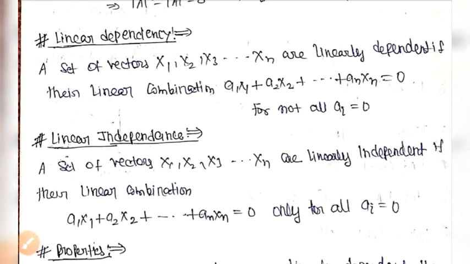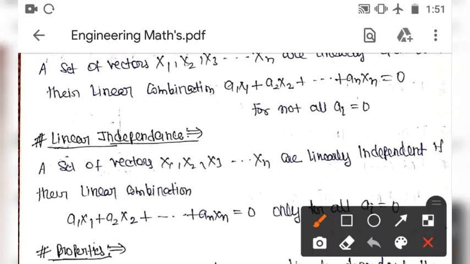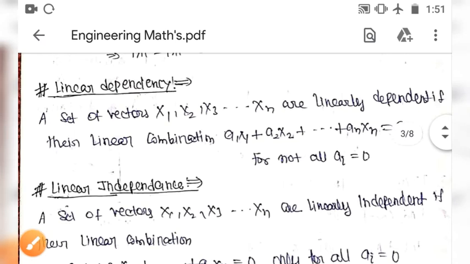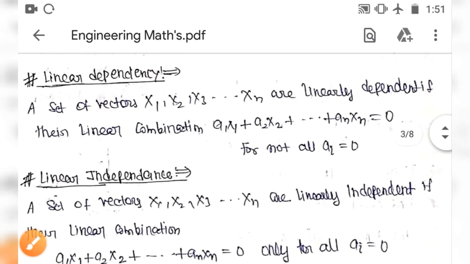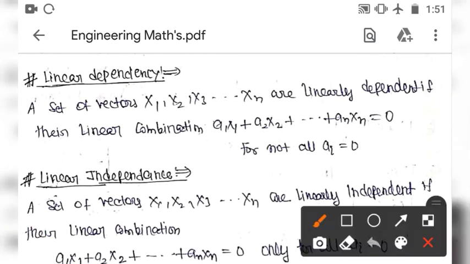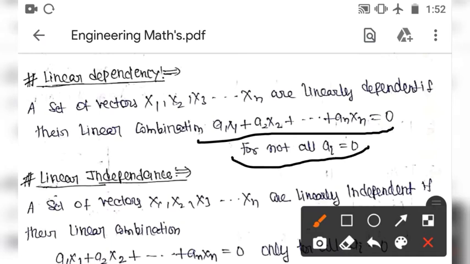Next, linear dependency and linear independency in the determinant. Okay, so we'll learn what linear dependency and independency are in the determinant. A set of vectors x1, x2, x3 and so on are linearly dependent if their linear combination is 0 when not all ai are equal to 0.